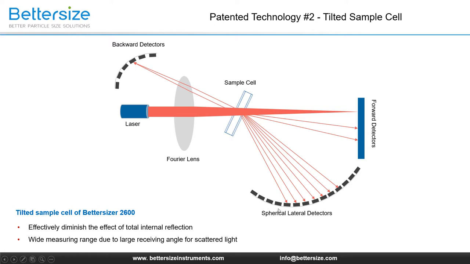Compared with the traditional approaches, such as adjusting the position of the detectors or laser source, the tilted sample cell technology is an innovation. This technology effectively diminishes the effect of TIR and it leads to a wide measuring range due to the large receiving angle of scattered light.